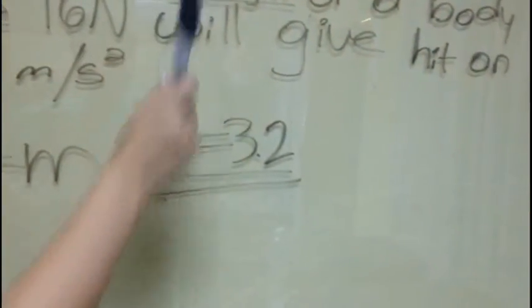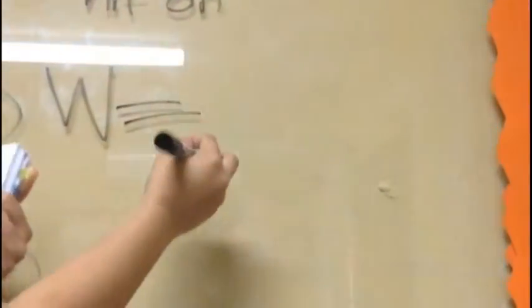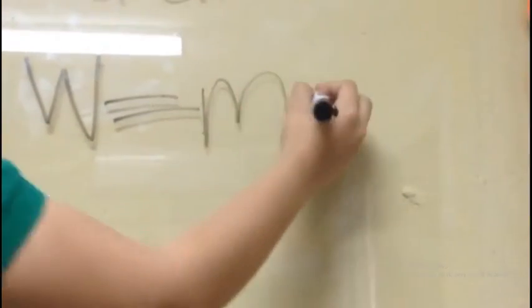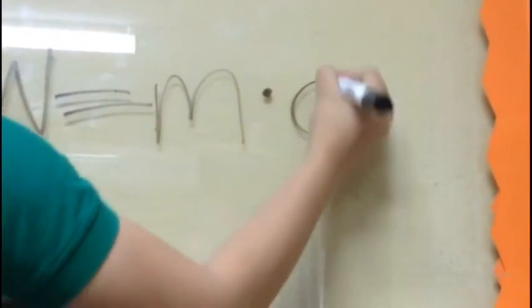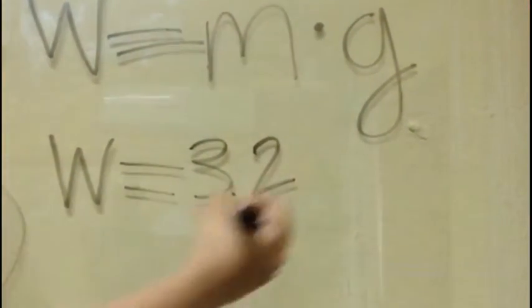This is mass. Right now, we move on to weight. The formula of weight is easy. So we have weight equal mass times gravity. So we put weight equal a mass that we know already, that is 3.2, times gravity.